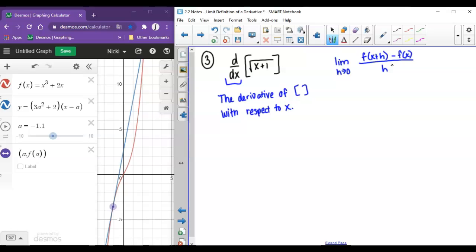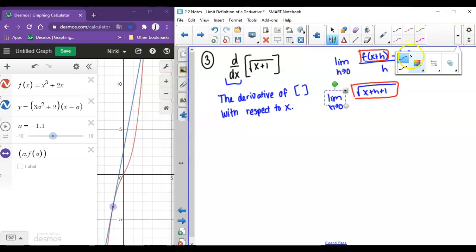So for this problem, we are going to plug in our limit as h approaches 0. We're going to plug in x plus h into this equation, which is going to give us the square root of x plus h plus 1. So right here for my f of x plus h, I've got this part of the function.